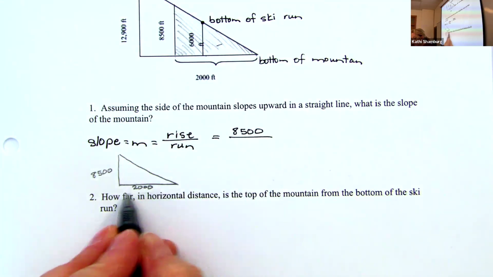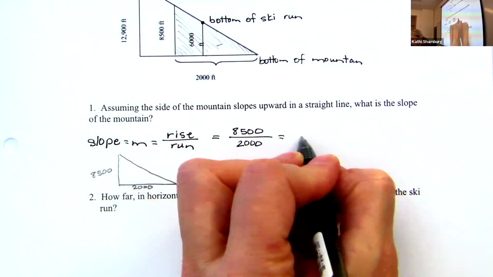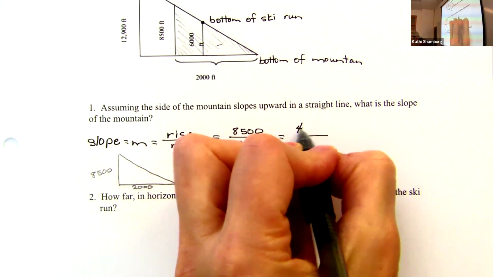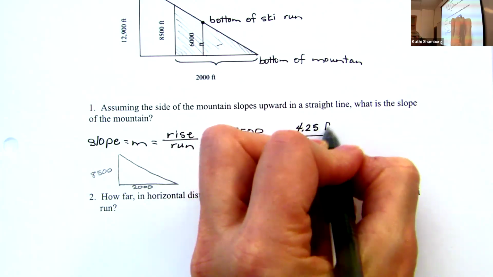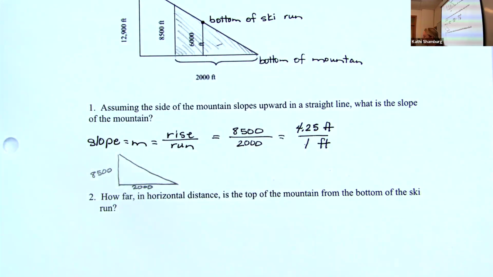And the run is a horizontal run of 2,000. And we always put this over 1. Calculate that. 4.25. So we have 4.25 feet per 1 foot. Now that's the slope.